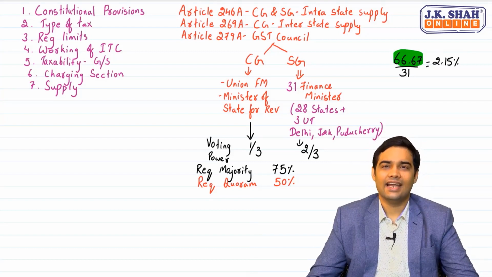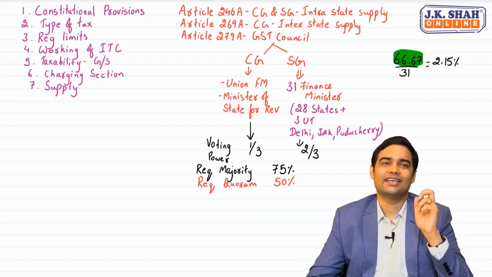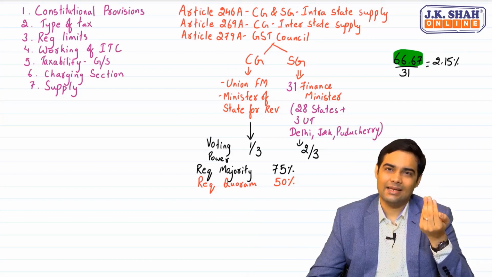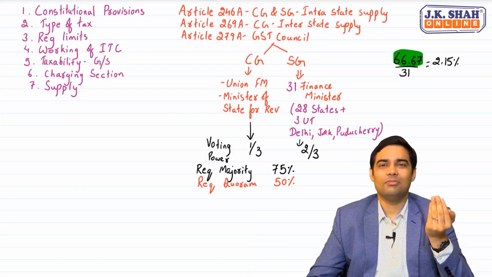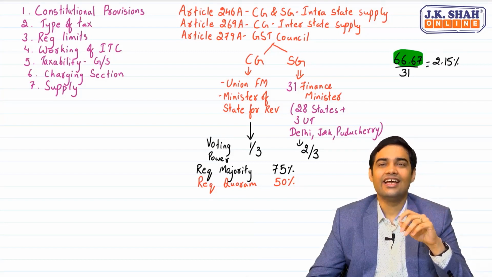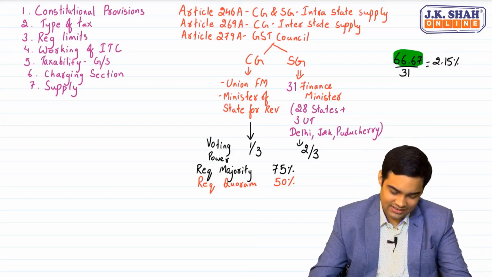Okay. Now, coming to another very important aspect, type of tax. What are the types of taxes which can be charged on a transaction in India? There can be 3 types of taxes which can be charged.